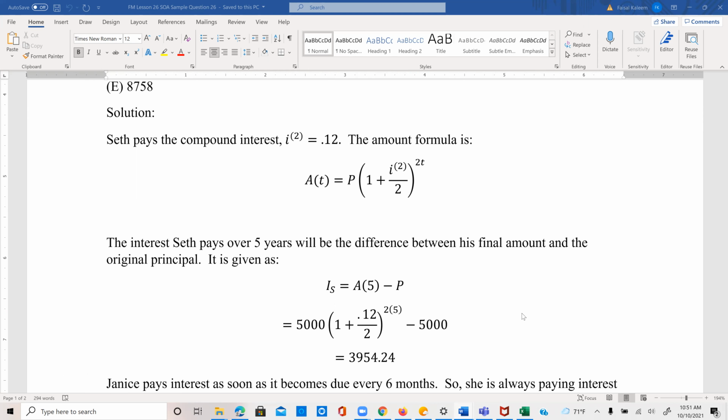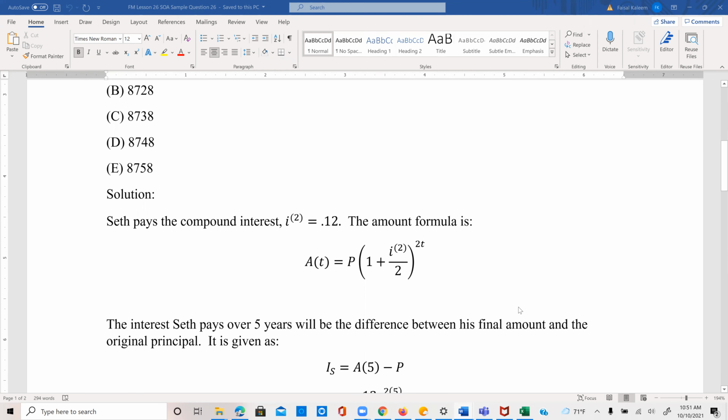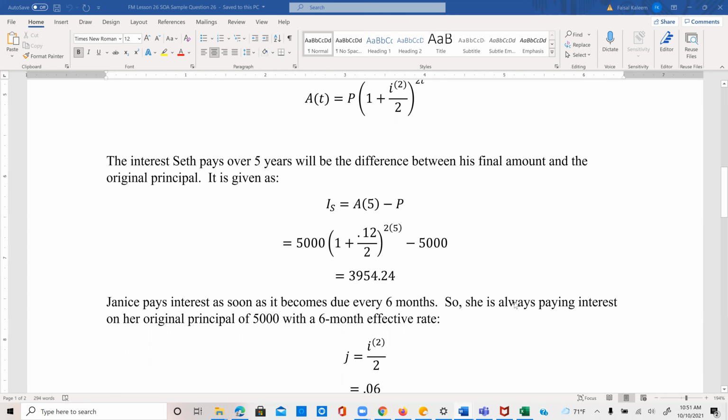Now Janice, we are told, pays interest as soon as it becomes due every 6 months. So she is paying interest always on the original principal of 5,000, because she's never letting it accumulate. She pays the interest as soon as it becomes due, and the interest becomes due every 6 months.